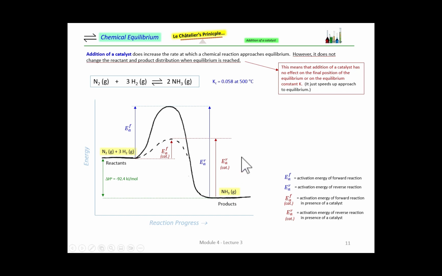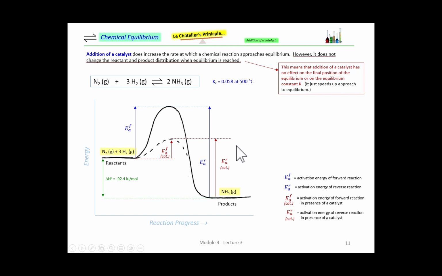And what you can see is that both the forward and reverse activation energies for the catalyzed reaction are lower than the activation energy of the forward and reverse reactions in the uncatalyzed reaction. Ultimately, what this means is that the reaction will reach equilibrium faster when there's a catalyst present.